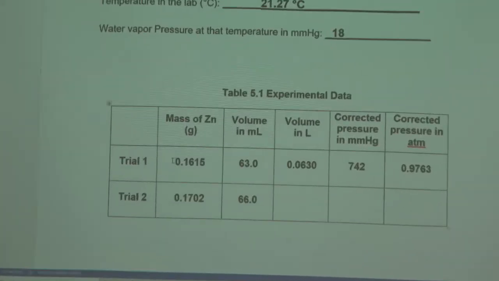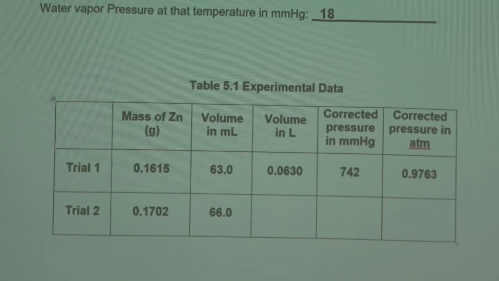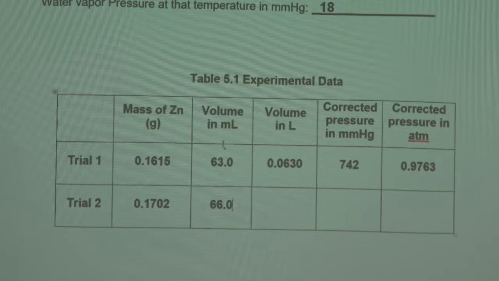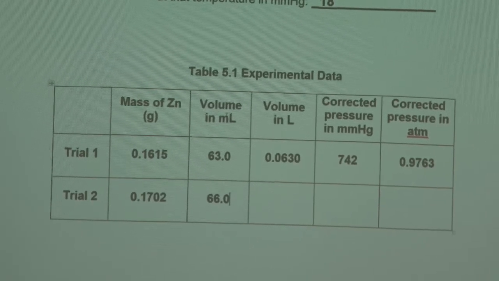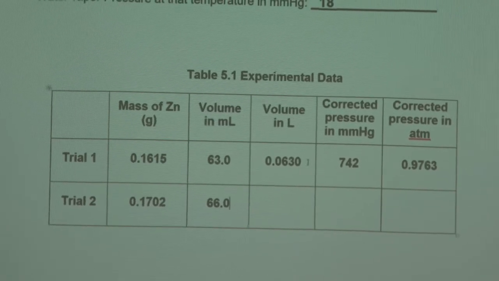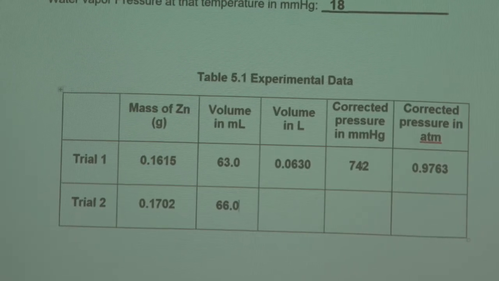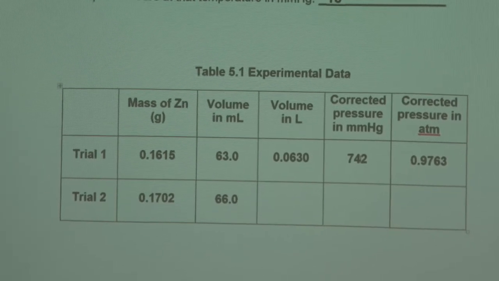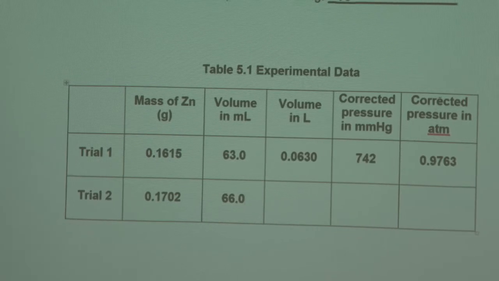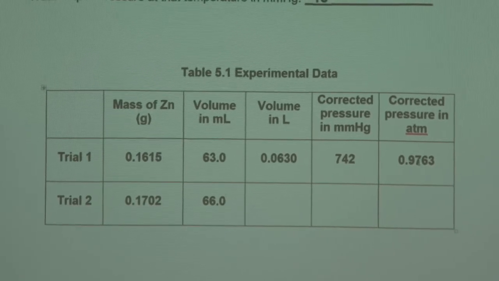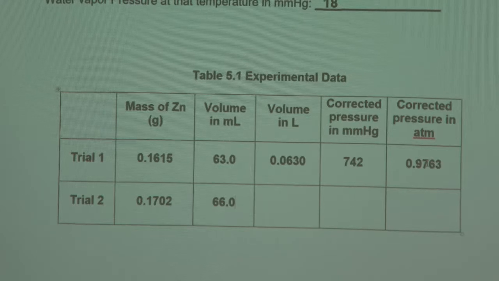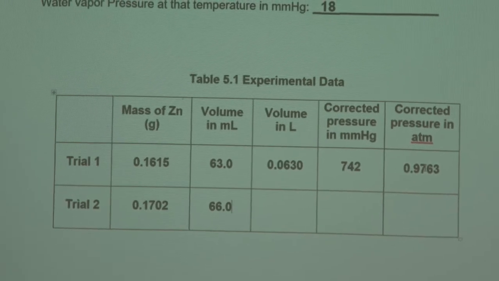Here we have the results of the first trial. Remember that the volume needs to be converted from milliliters to liters, and the corrected pressure after we subtract the vapor pressure should be expressed in atmospheres in order to use the ideal gas equation.